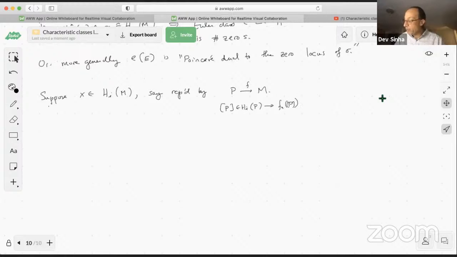And what we mean by represented is just that the image in homology of that fundamental class is the class we want. You can always have such a pseudo-manifold because I can take the simplices that determine a cycle representative.